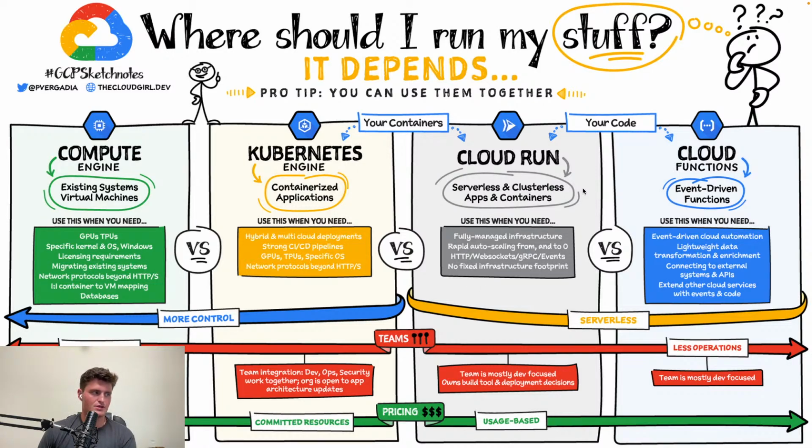It's serverless, clusterless apps and containers, and it's going to be cheaper than a whole Kubernetes engine. And to be honest, for this application, I do not need a whole Kubernetes engine. From my experience, Cloud Functions are good for running quick programs, but I want to have an application continuously running.